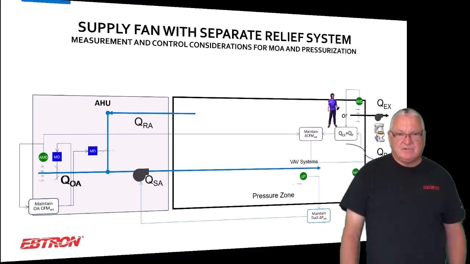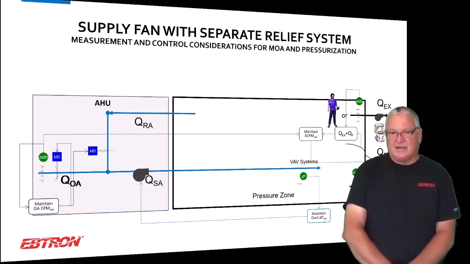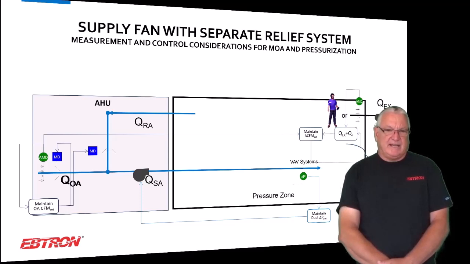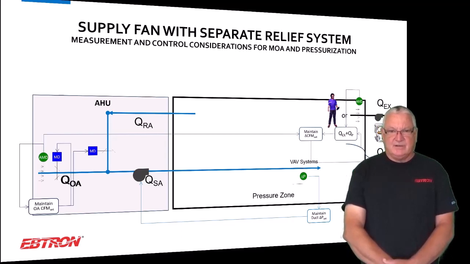When you have a separate relief fan, you're not relieving at the air handler, which is pretty common in a lot of areas. You're bringing in the outside air you need, and you make sure it's above what you're relieving, and then you maintain your delta CFM to maintain pressure.